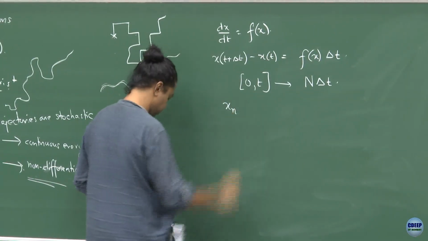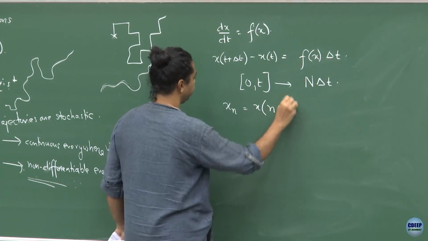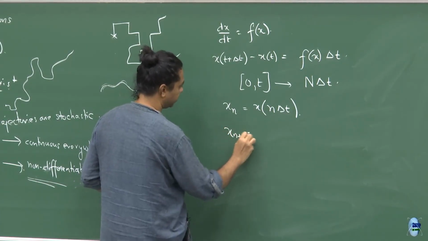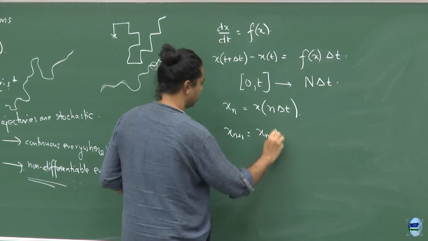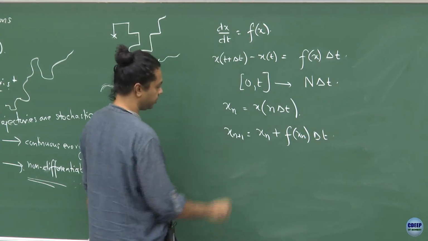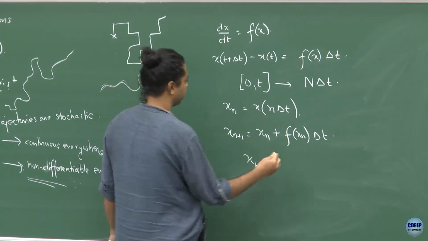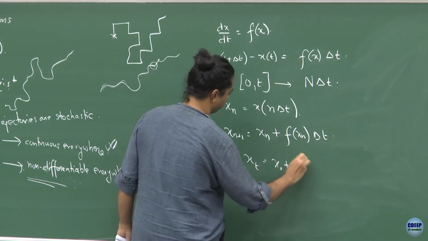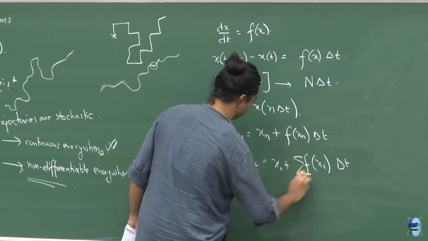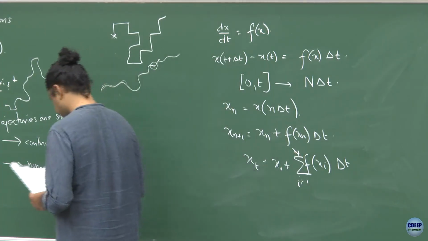So, x_n, let us say, is x(n delta t). And then x_(n+1) is x_n plus f(x_n) times delta t, and so on. And therefore, x at time t is x_0 plus the sum of f(x_i) delta t, over i equal to 1 to n.